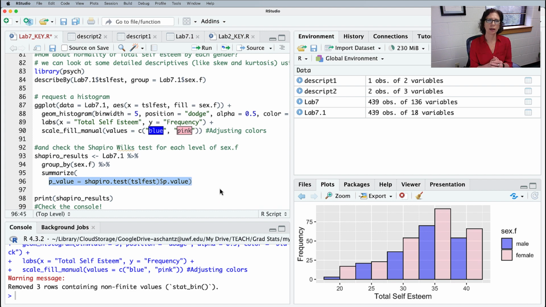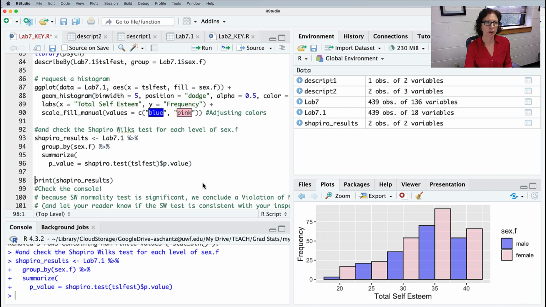And that way I'm able to see just the p-value. I don't really need the actual estimate of Shapiro-Wilks test because as an assumption check, I'm interested in was it significant or not, right? So that's all I need out of there. Running that, and now since it's in the environment, I can print it.